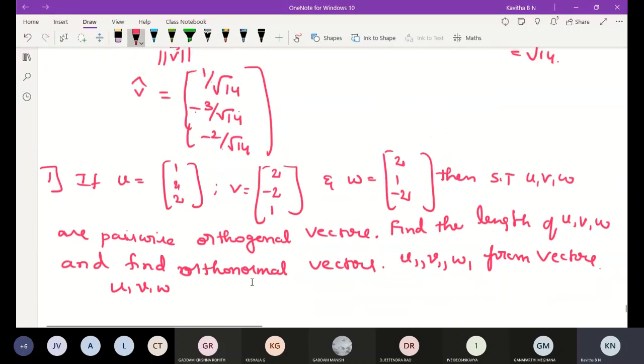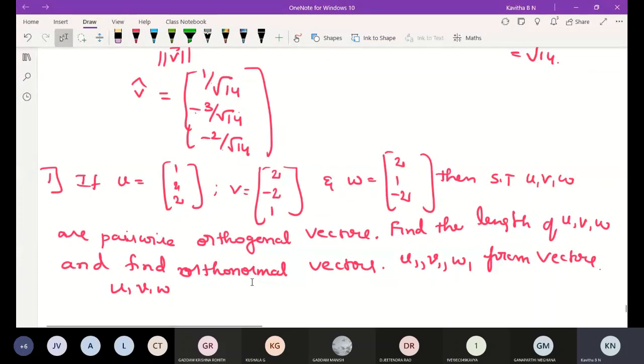What we have to show here is that u, v, w are pairwise orthogonal vectors. To show pairwise orthogonality, we use the dot product: u dot v, v dot w, and w dot u.